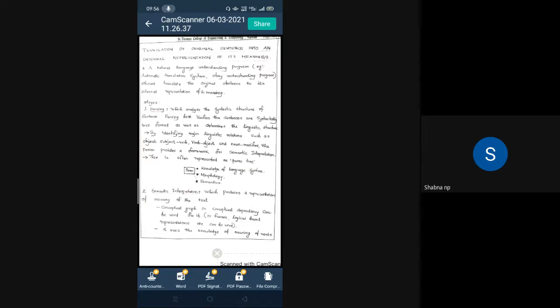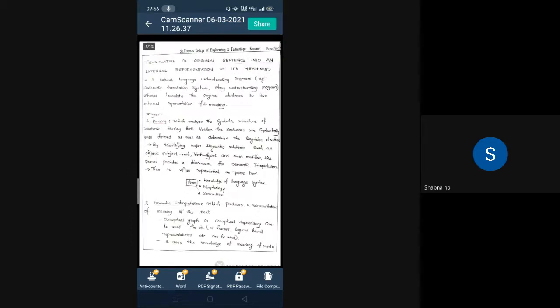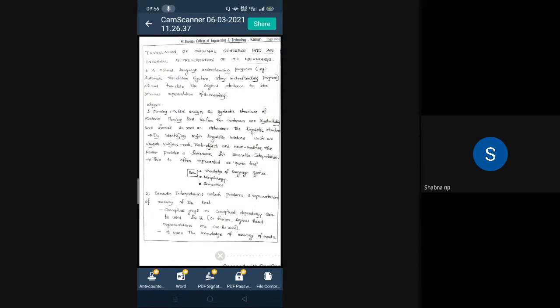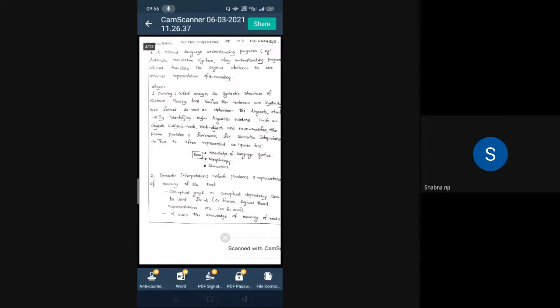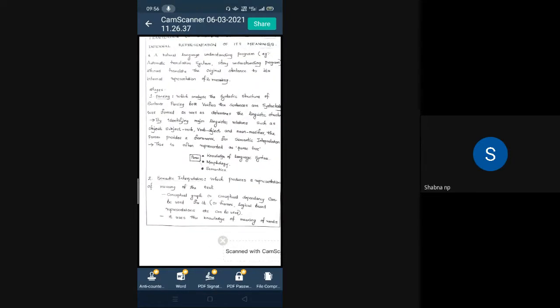So in the parsing stage, it verifies the syntax of the language and also determines the linguistic structures involved in it. What is meant by linguistic structure? For example, linguistic relations such as the subject-verb relation, the verb-object relation, and a noun and its modifier.